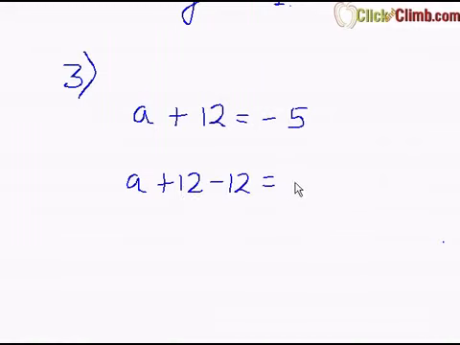So I have a plus 12 minus 12 equals negative 5, also subtracting 12. Now on the left side I am left with only a. On the right side it would be negative 5 minus 12. So I have to combine two negative things. 5 and 12 combined is 17, but both of them are negative, so the answer would be negative 17.